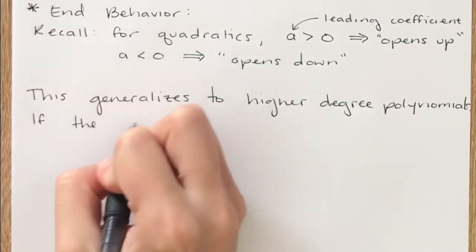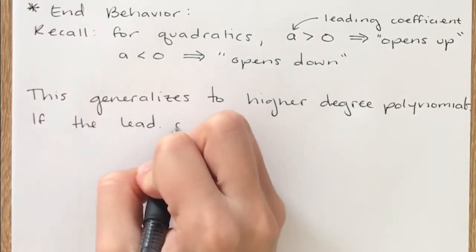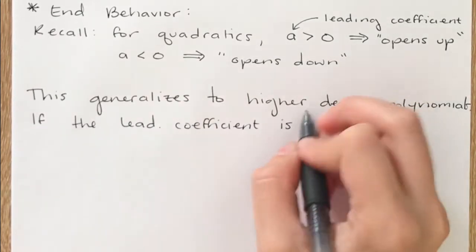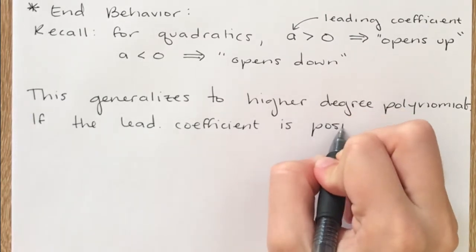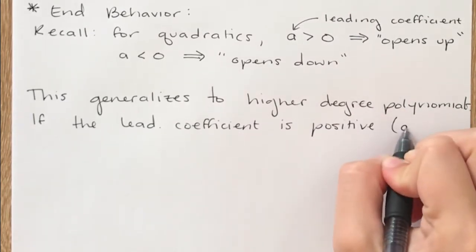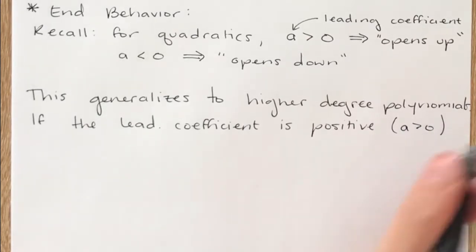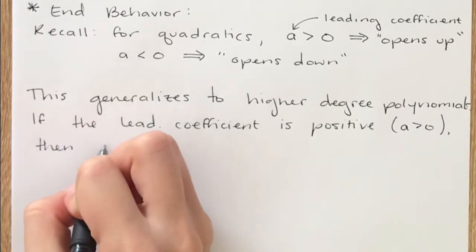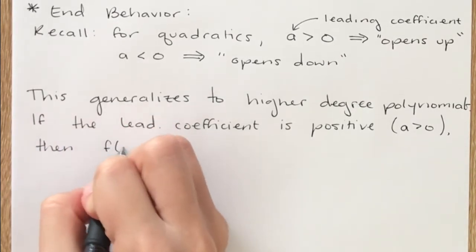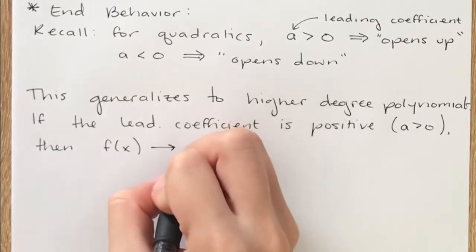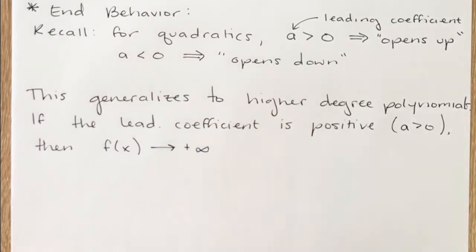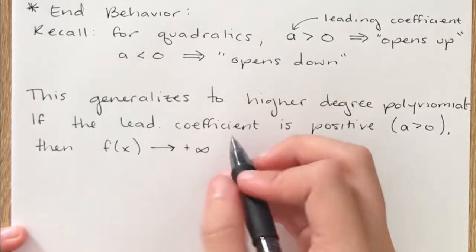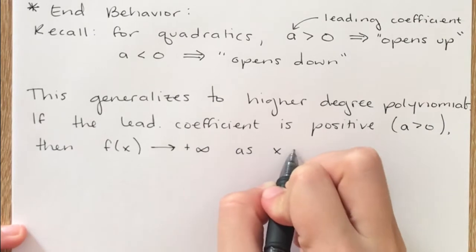If the leading coefficient is positive, that means that a is greater than 0, then we have the following end behavior. f of x approaches positive infinity, which normally we would just write as infinity, but I want to emphasize that it's positive infinity as x goes to infinity.